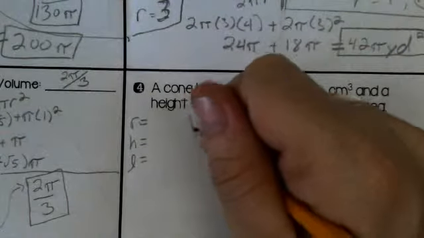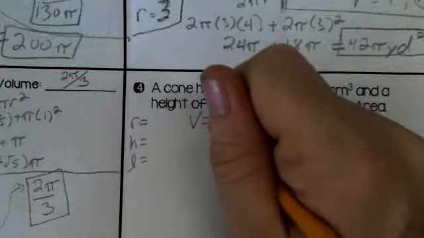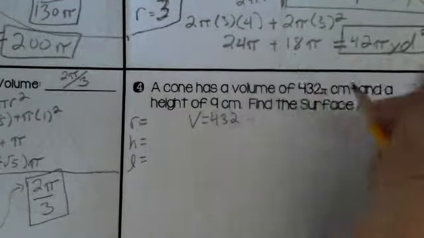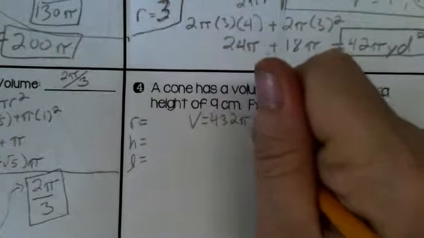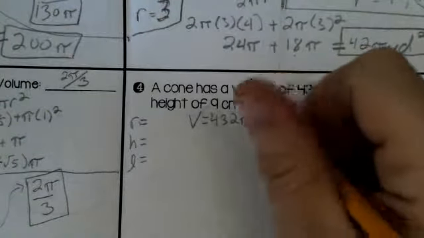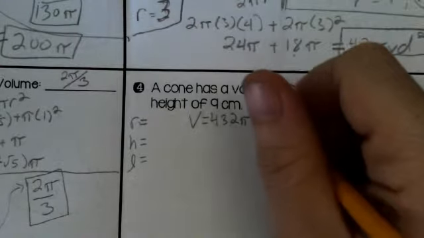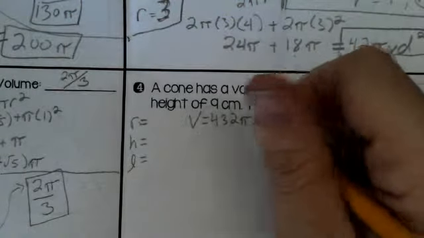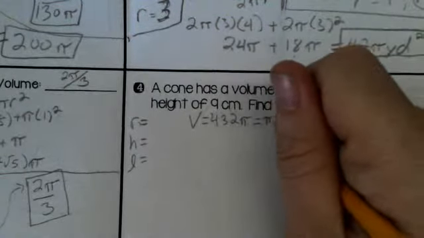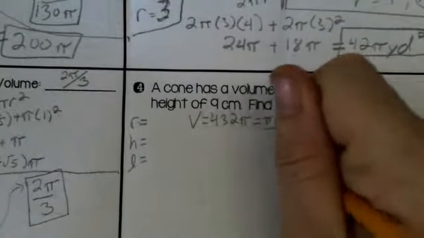And they've told us that the volume equals 432 pi. And remember, my formula for that was pi r squared h divided by 3.